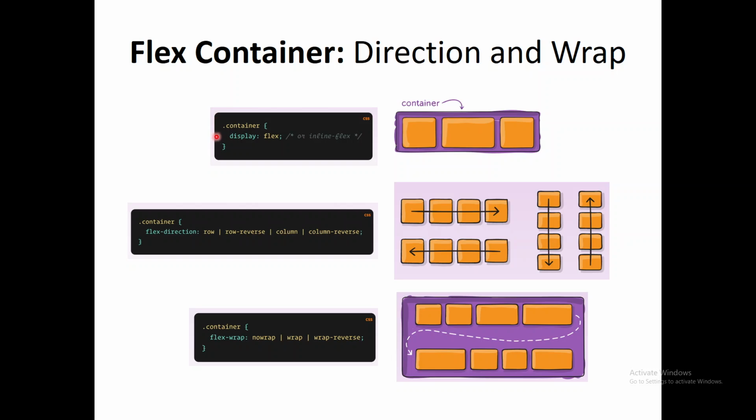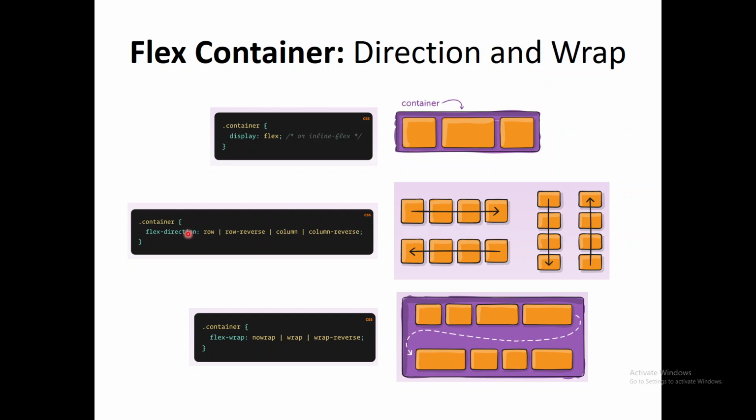We can say display equals flex, and this will convert a given block into a Flexbox. We can also use inline-flex, which will convert an inline element into an inline flex container. But most of the time we're going to use this one, which means we can convert any block element into a flex box. Now within this flex box, the next thing we have to specify is the direction of the main axis. This means row.